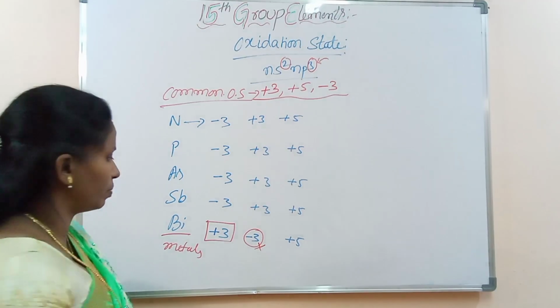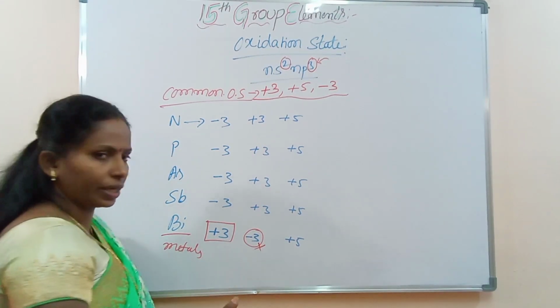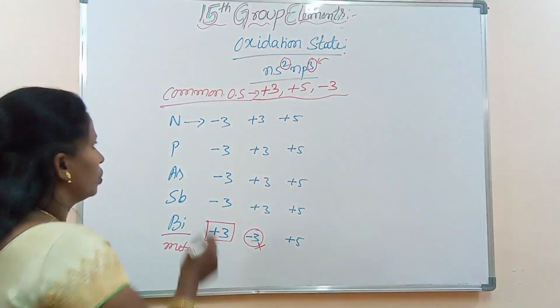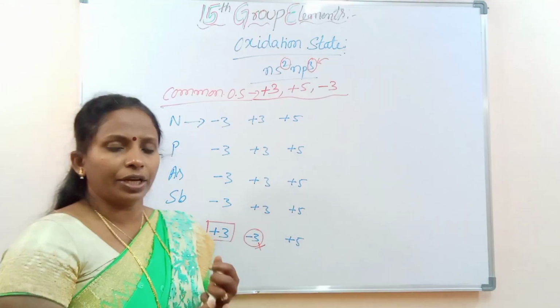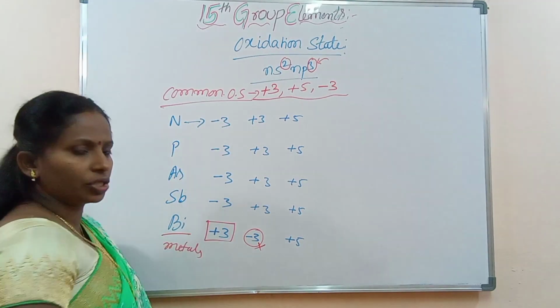Like s-block elements, all metals are electropositive and ready to donate an electron instead of taking an electron. These others are non-metals, more electronegative in nature, so they are more stable in the -3 oxidation state.